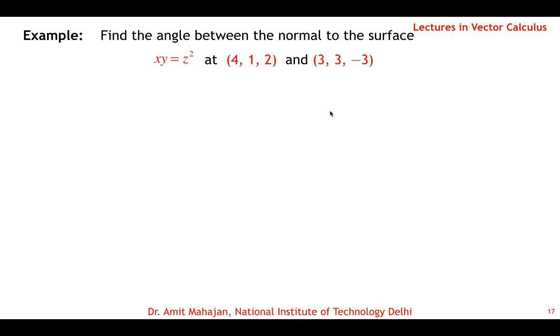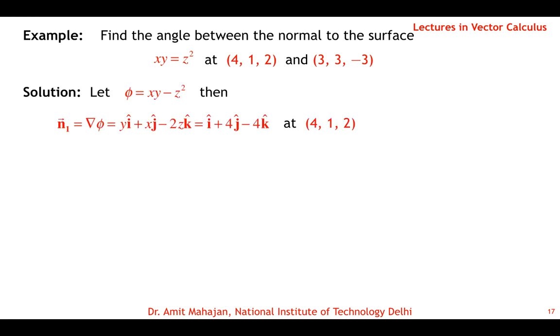So if there is a normal at 4, 1, 2 and another normal at 3, 3, minus 3, what is the angle between those two vectors? We know normal is calculated by gradient. So the gradient of this at 4, 1, 2, the gradient of this at 3, 3, minus 3, and then we can apply the angle rule: cosine of theta is the dot product divided by the magnitudes.